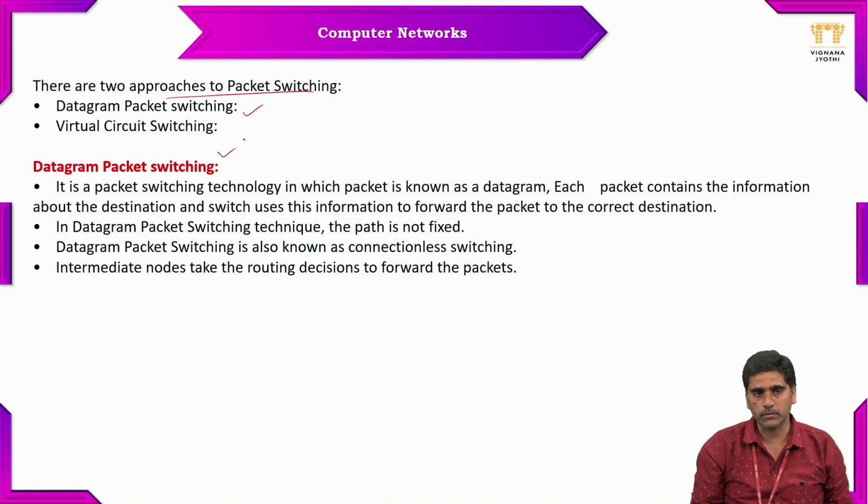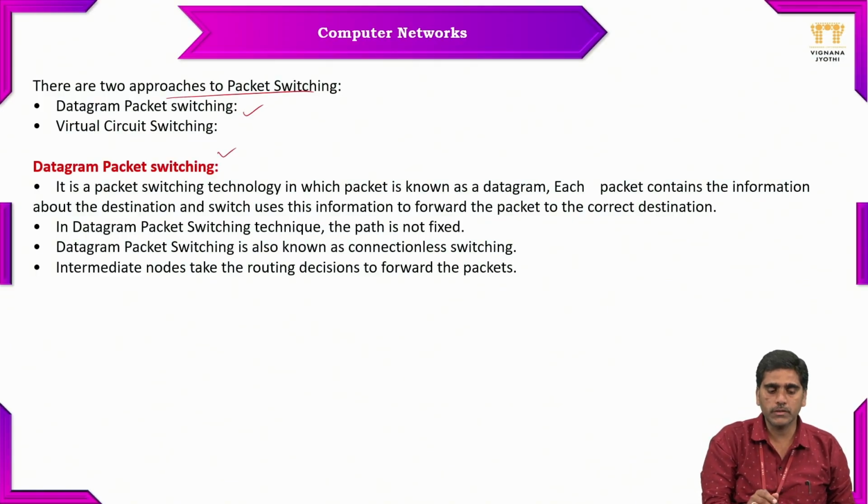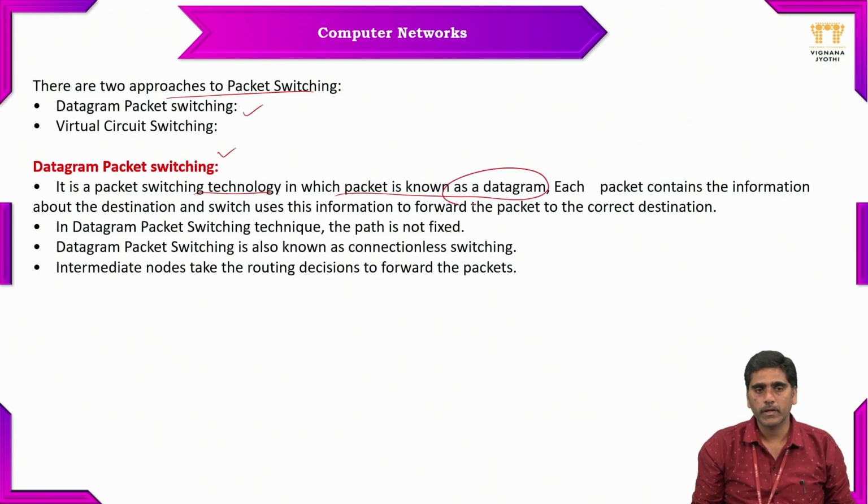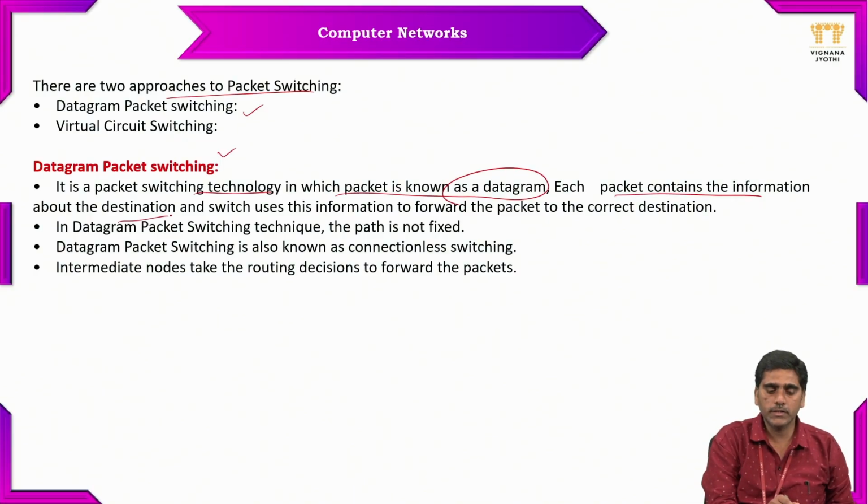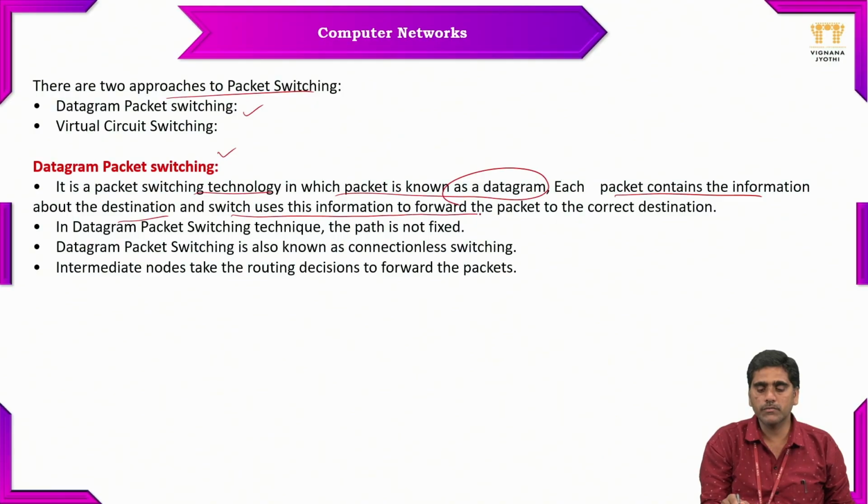In datagram packet switching, the packet is known as a datagram. In packet switching it comes as a packet, but in datagram packet switching the packet is called a datagram.